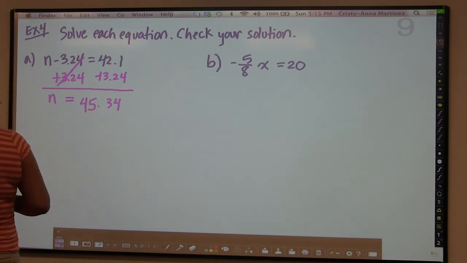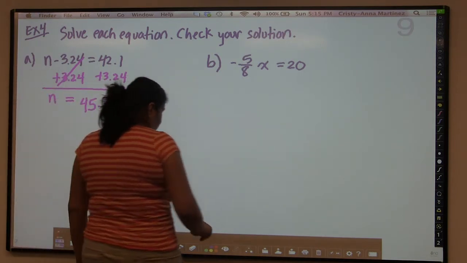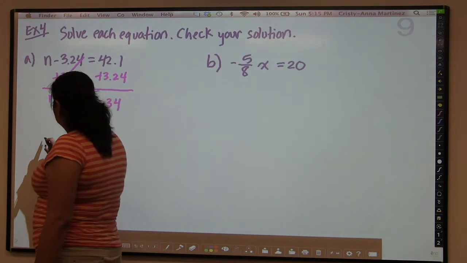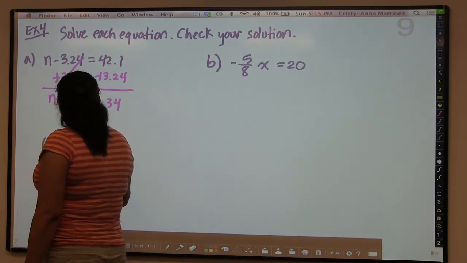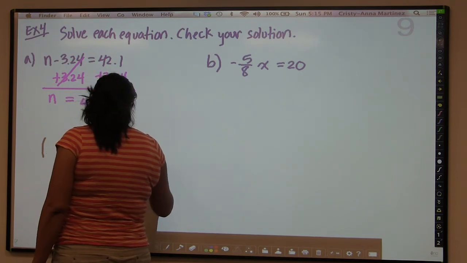45.34. But also, it doesn't just say solve the equation, it says check your solution. So what we want to do for that is go back to the original, which was n minus 3.24 is supposed to equal 42.1.